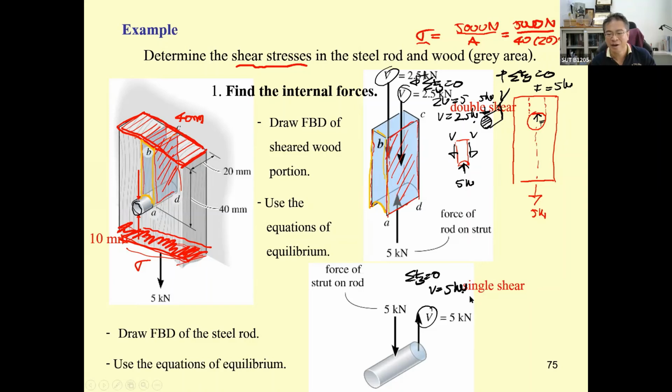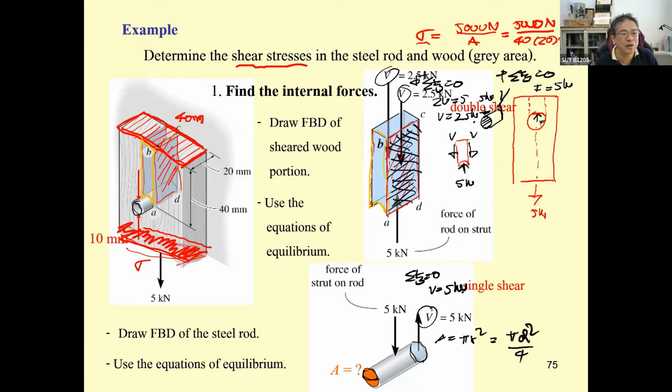Okay, and then by doing this one, you use the internal force divided by area. The single shear will occur on, actually supposed to be on, this area. It's going to be A equal to pi r squared, or you may use pi diameter squared over 4. It depends on which one you like. But for this one, the area will be this dark red area.